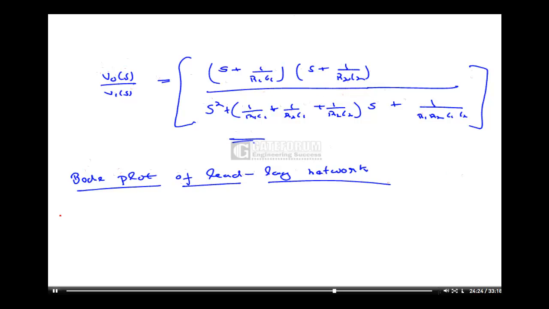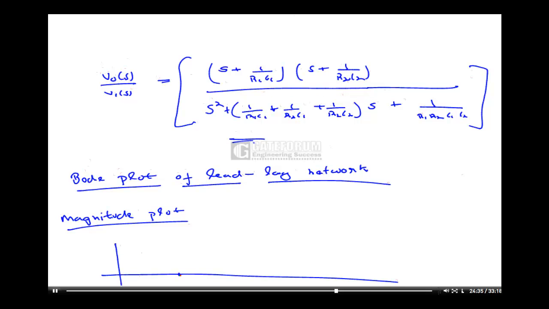Okay, in this first, the magnitude plot. If we look at the magnitude plot, I have pole first, 1 by beta t1. After that pole I have 0. Again I have one more 0.